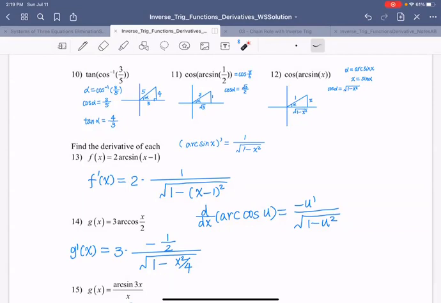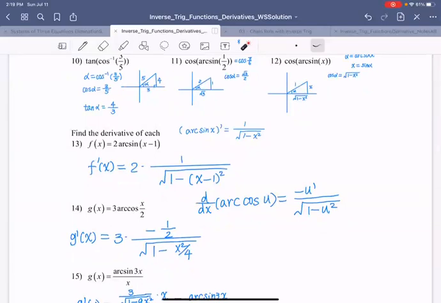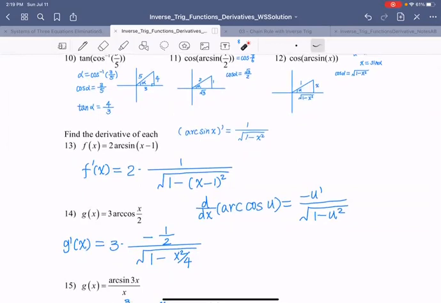Who finished number 15? Nobody finished number 15?